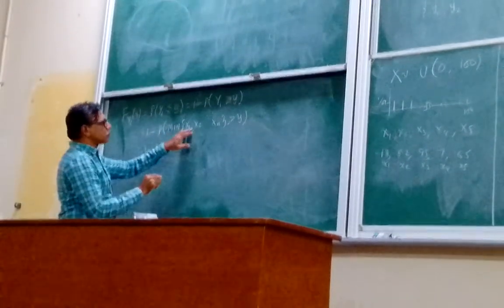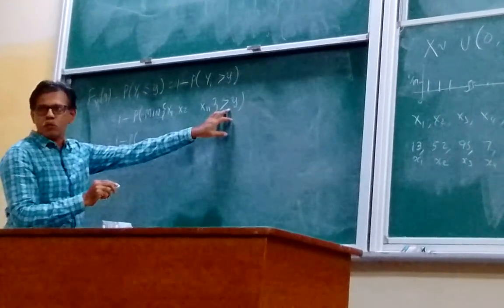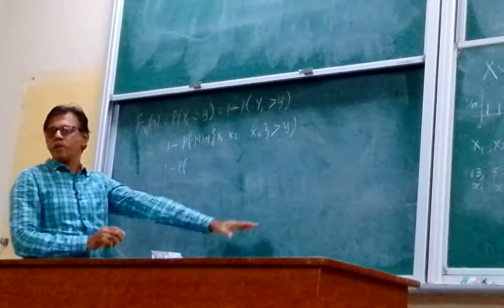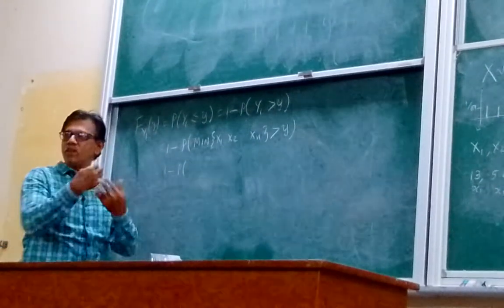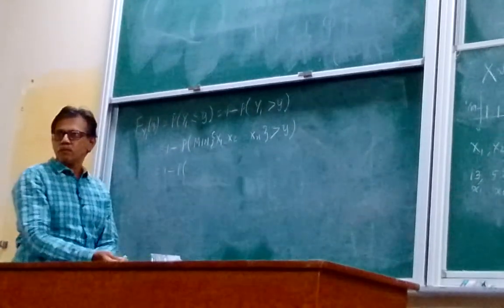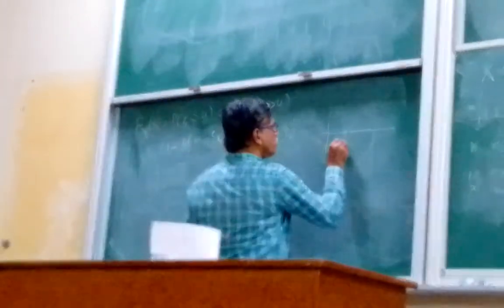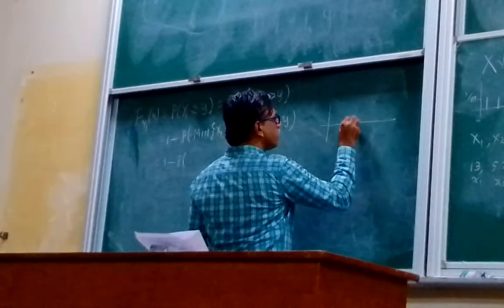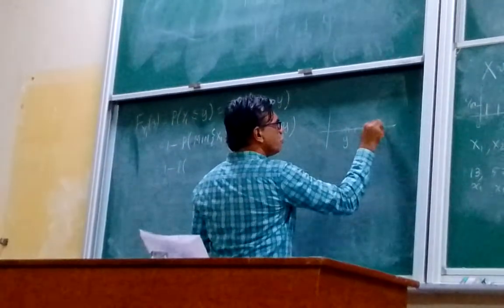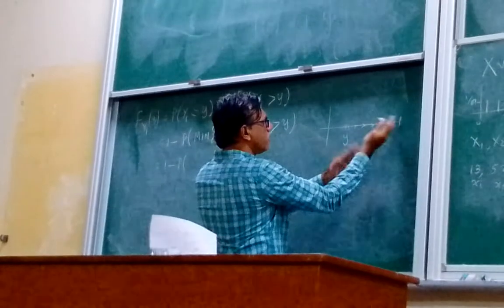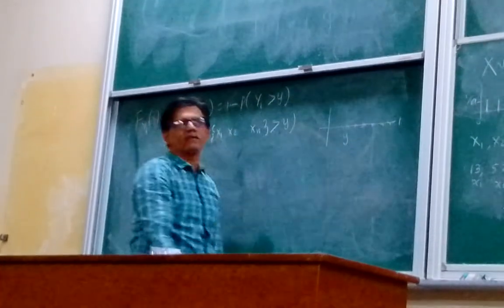So the minimum of X1 to Xn has to be greater than y, which means that X1 should be greater than y, X2 should also be greater than y, then only its minimum will be greater than y. So if this is where y is, everything should be on this side. Then only the minimum itself is greater than y. So everything individually has to be greater than y.